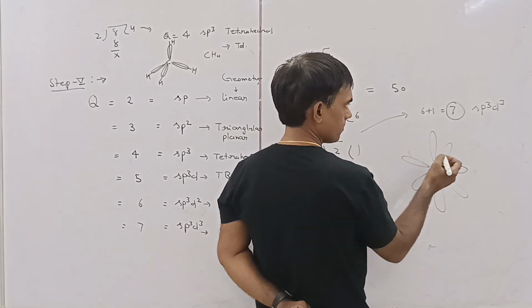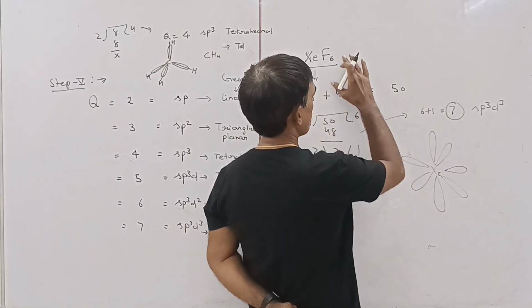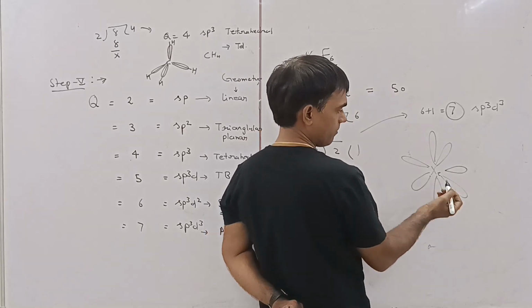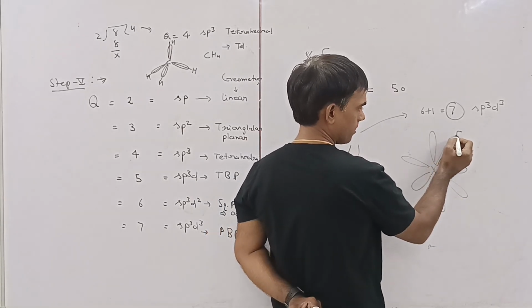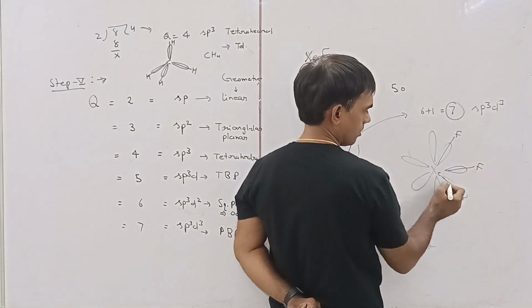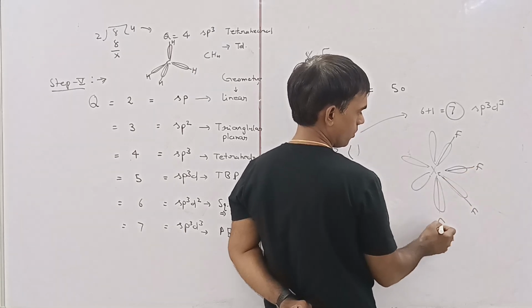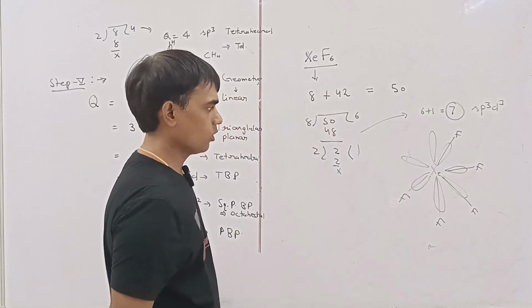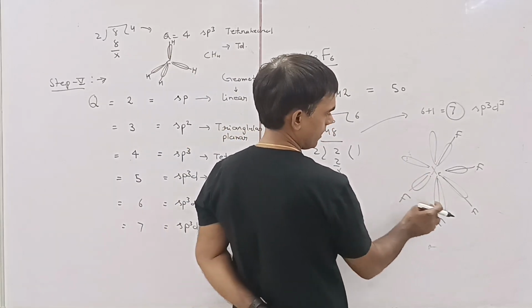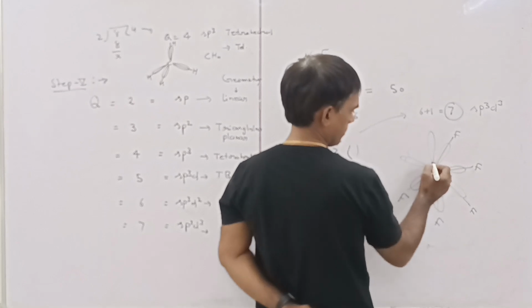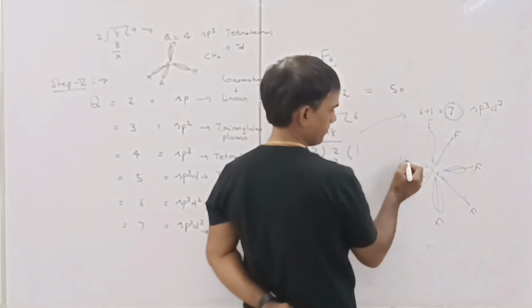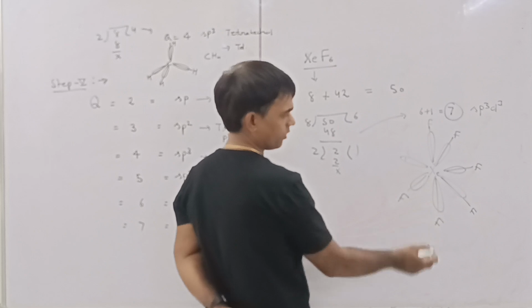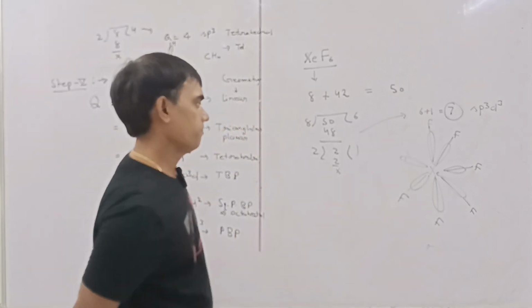Now in 6 orbitals, 6 bonds are available, so 1, 2, 3, 4, 5, 6 and 1 lone pair of electrons. The 1 lone pair will go to the equatorial position in the pentagonal plane.